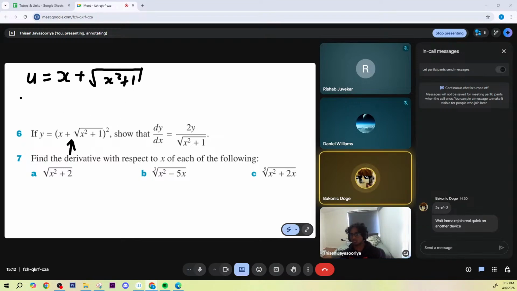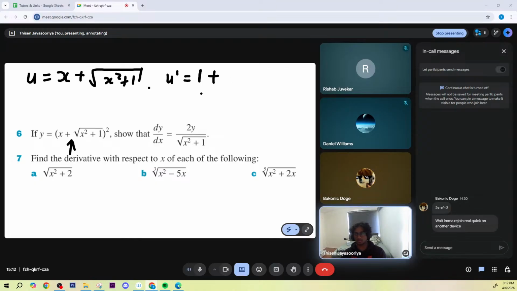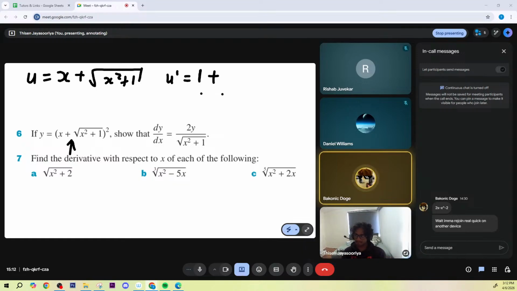Yeah, and then you get u dash, which is 1 plus... How do I differentiate the square root of x squared plus 1 again? Oh wait, it's the power of 1 over 2, yes. So you get x squared plus 1 to the power of 1 over 2.